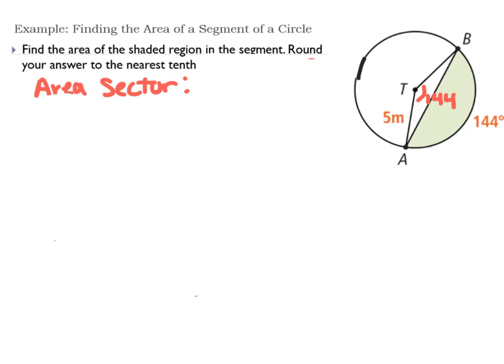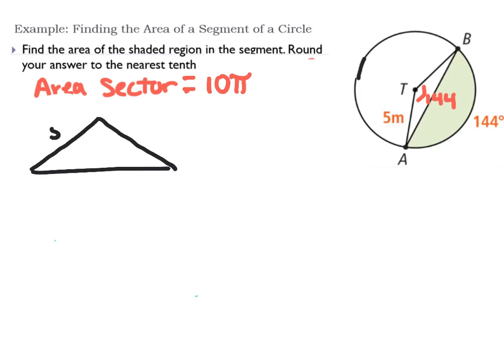So now we know that the area of the sector equals 10 pi. The next thing we need to find is the area of the triangle. So if I redraw the triangle, we know this is 5 and 5, and we know that this angle at the top is 144.